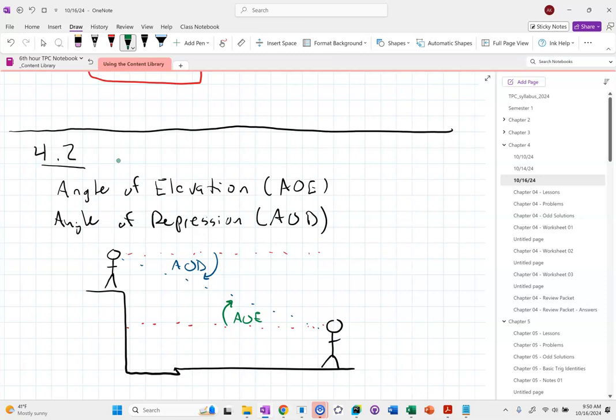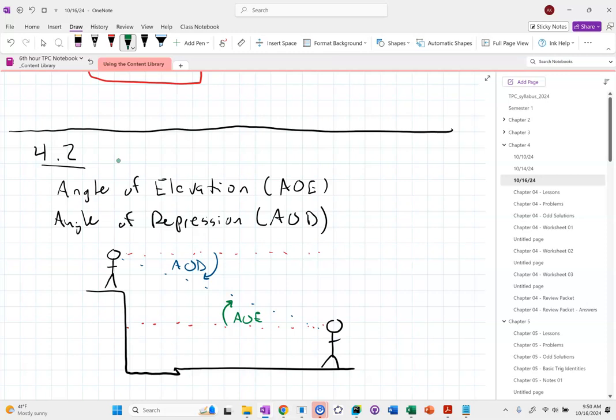What can we say about the angle of depression and the angle of elevation? Geometry, people. They are alternate interior angles. They would be congruent.